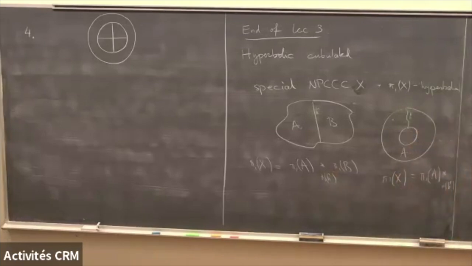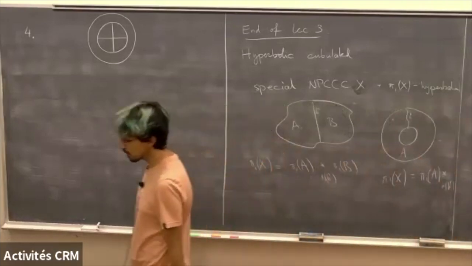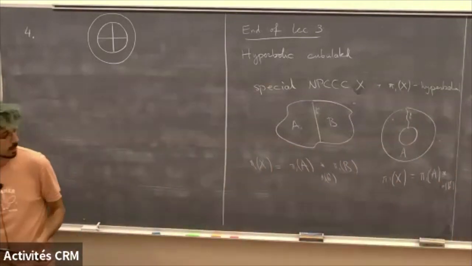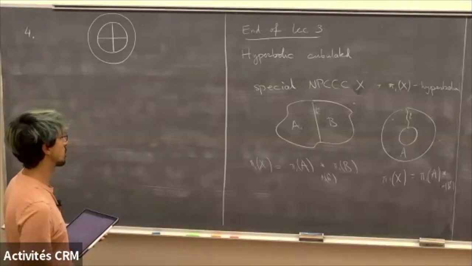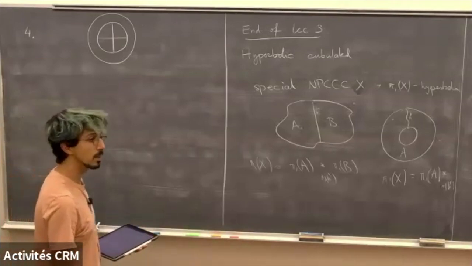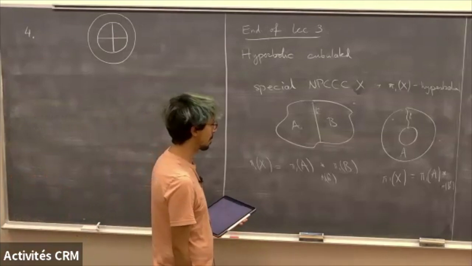If people are not familiar with this, just think of free products, or free product with Z or something like that. It's a very algebraic way of writing your group, and this gives what's called a quasi-convex hierarchy.